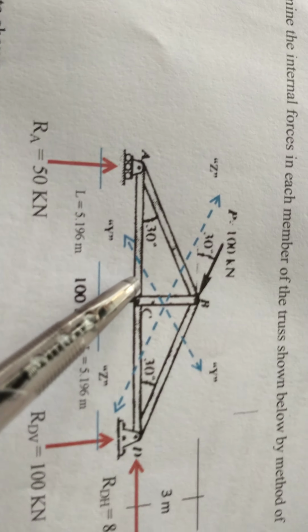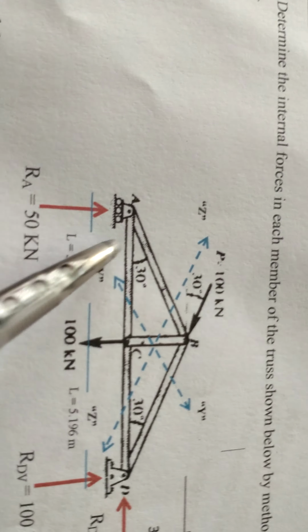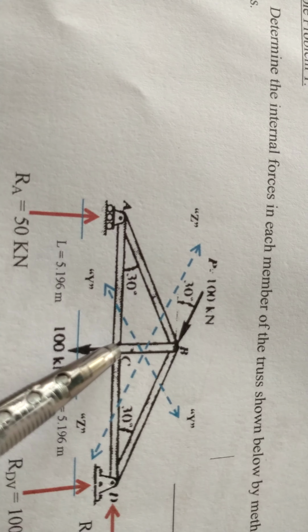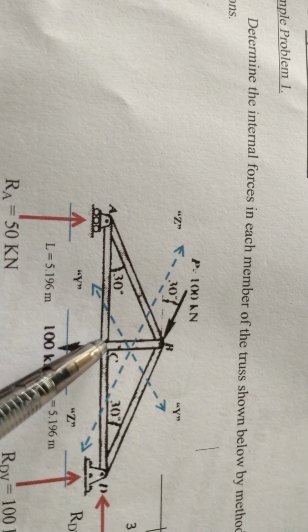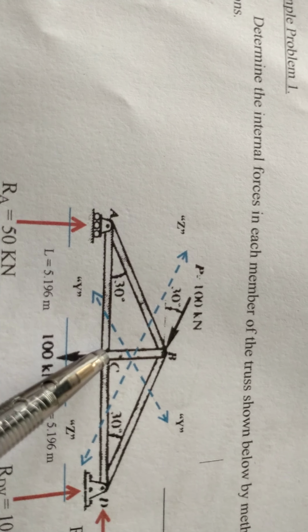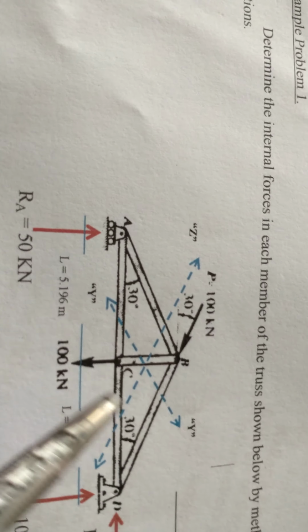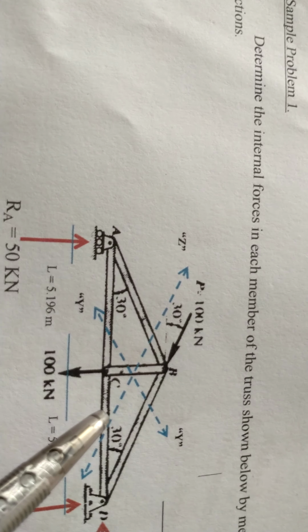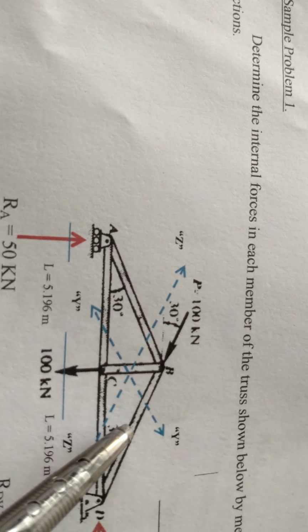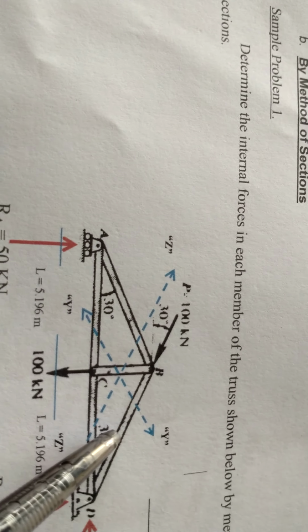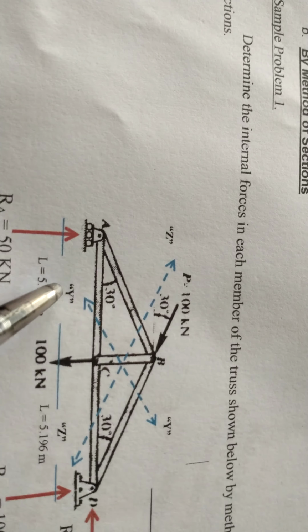We have here AC, which is to be computed. BC is already computed. So what we are going to compute in this particular sectioning is BD and AC.